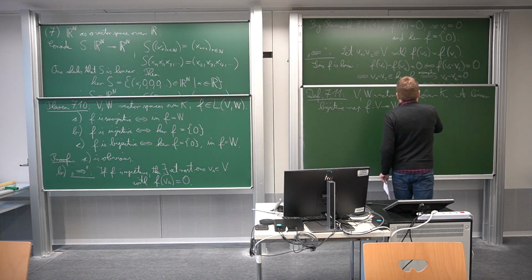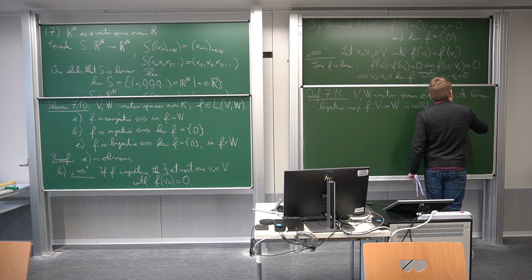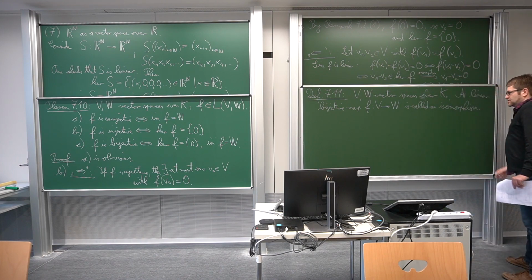This is called an isomorphism. A linear map is also called a homomorphism. A bijective linear map is an isomorphism.